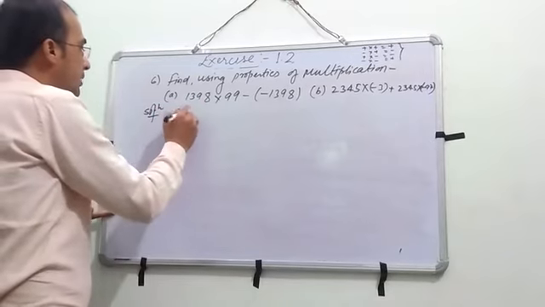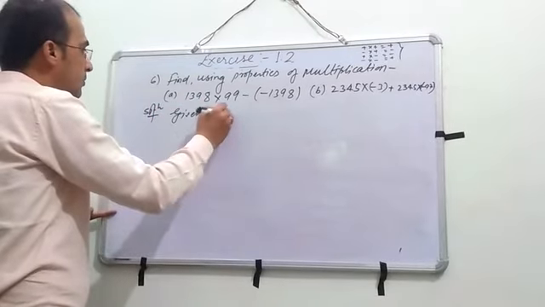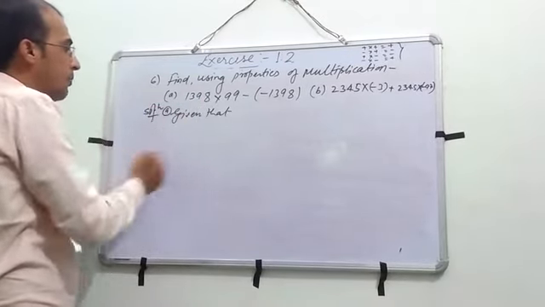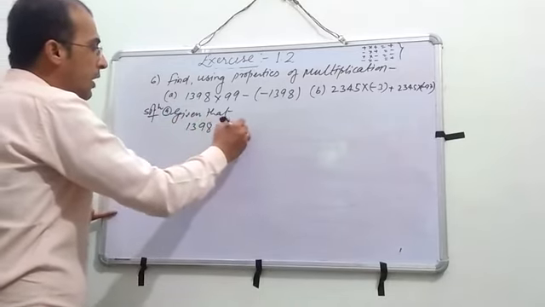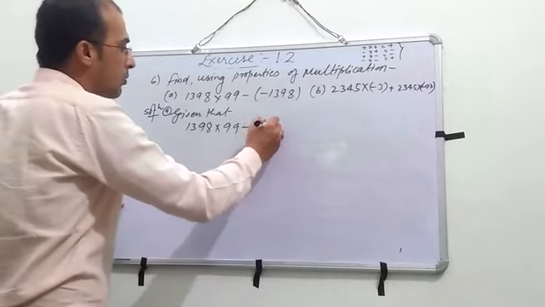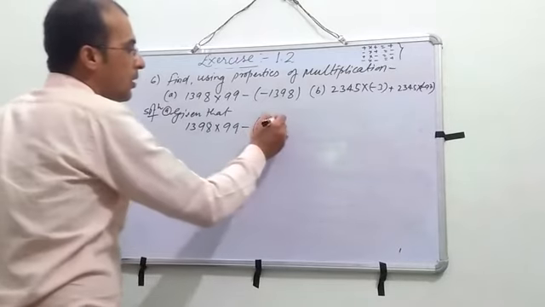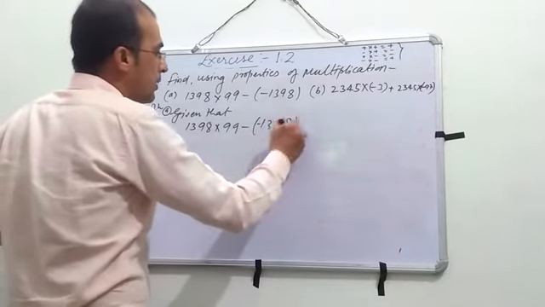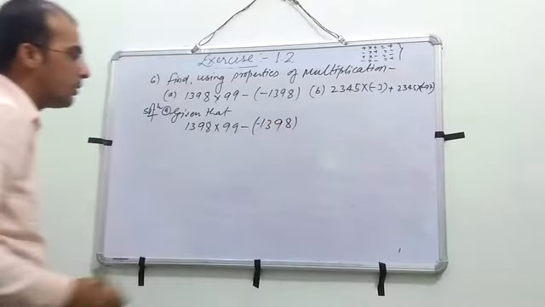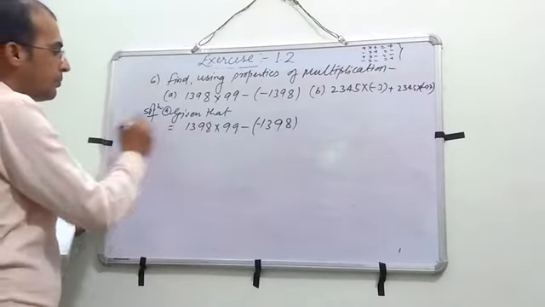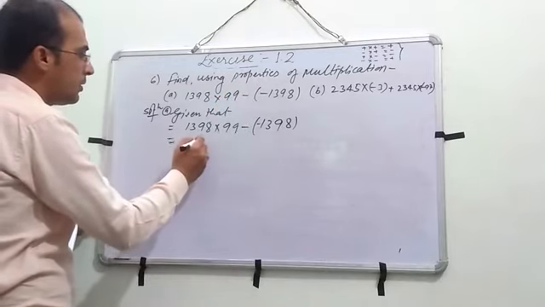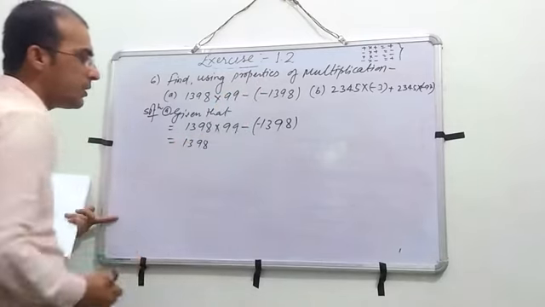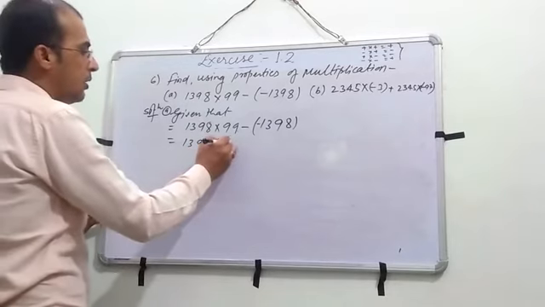So given that 1,398 into 99 minus 1,000 minus 398. What we have to do, you can see. Open this bracket, so we can write 1,398 into 99.